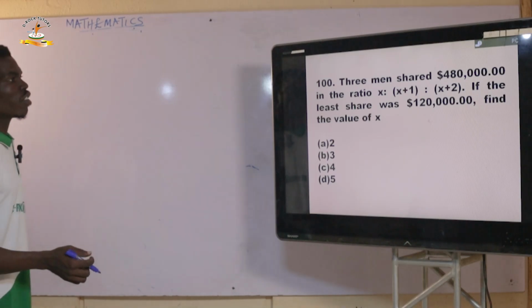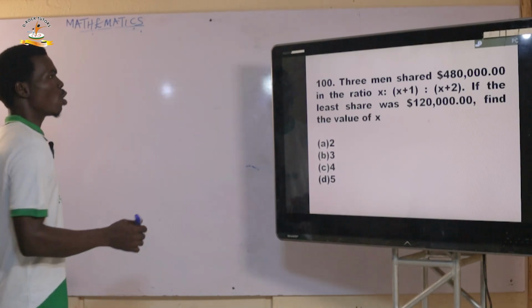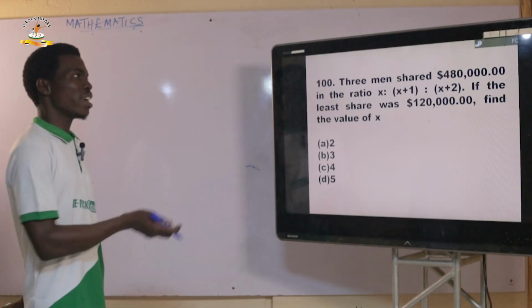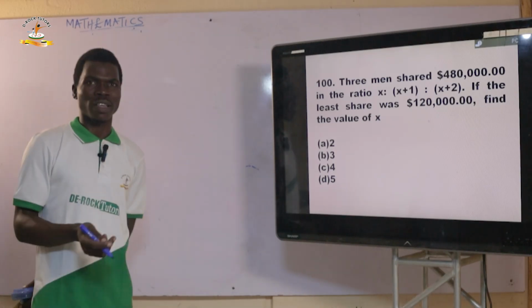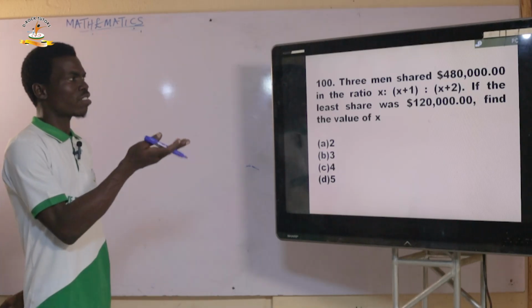If the least share was $120,000, find the value of x. So we have 3 men that share this $480,000 in the ratio given to us, and the least share was $120,000. So I ask the question, whose share is the least?